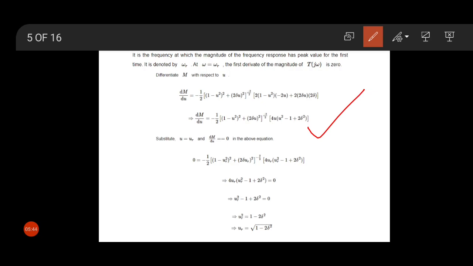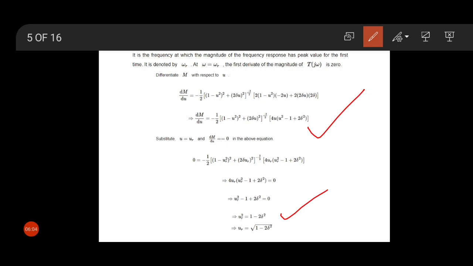Now we substitute u_r. What is u? U is omega by omega_n, so u_r equals omega_r divided by omega_n.